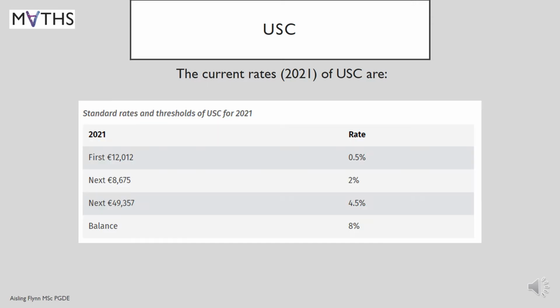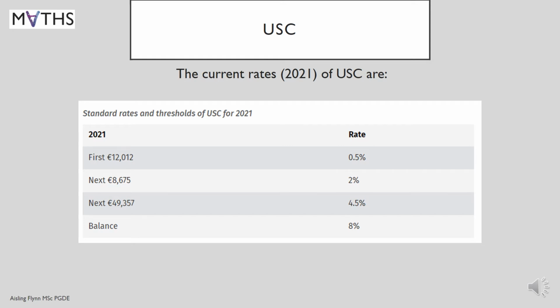USC, Universal Social Charge. So let's look at the current rates as of 2021, and they're given here in this table. You can see there are 4 different rates and 4 different thresholds. The threshold is the top amount which is going to be taxed at this rate.